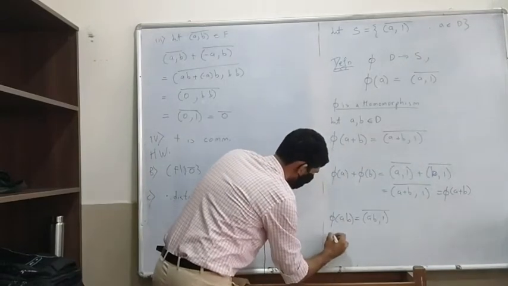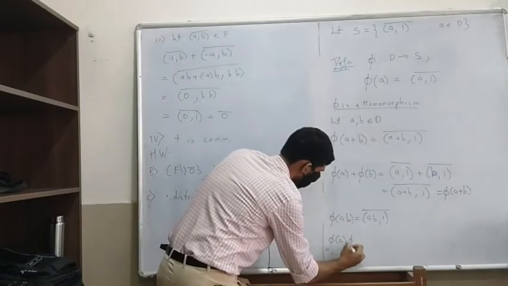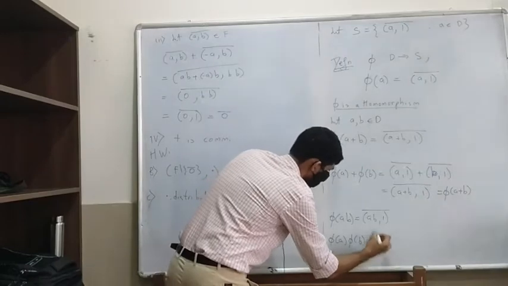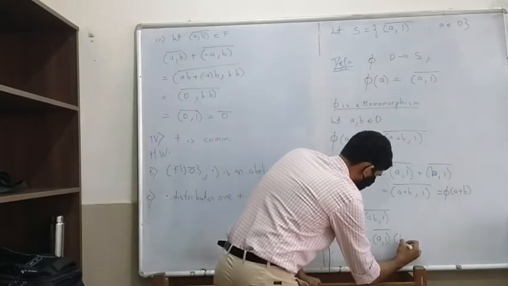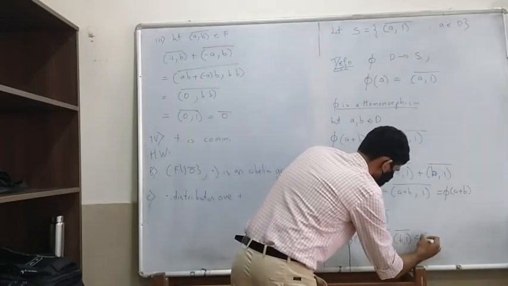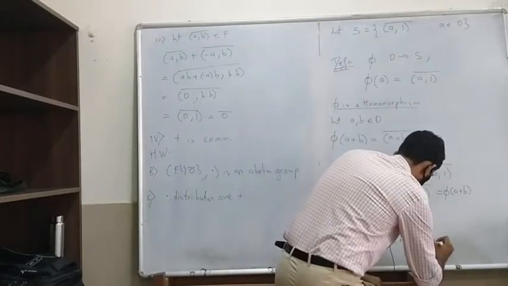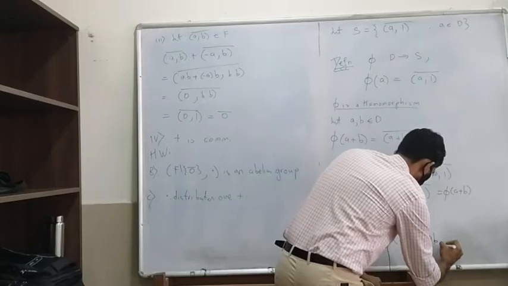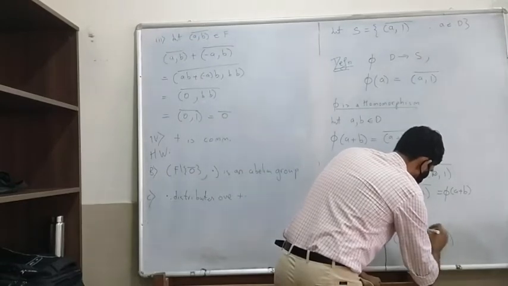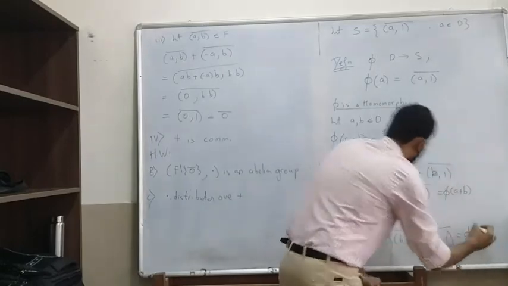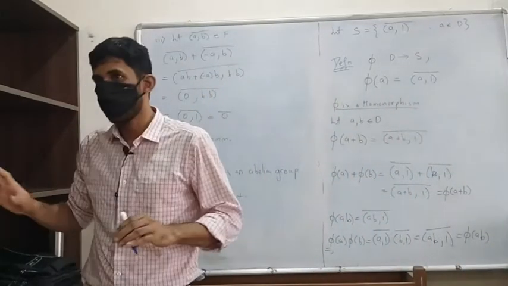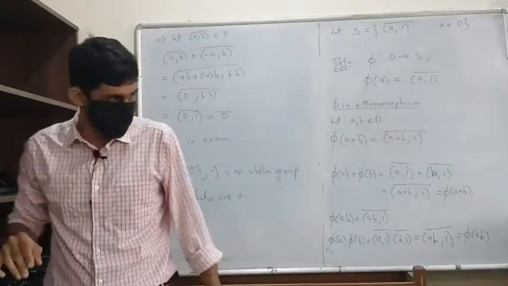Also, what is phi of A into phi of B? It is nothing but (A, 1) bar into (B, 1) bar, which is just coordinate-wise multiplication, that is (AB, 1 into 1) bar, which is the same as phi of AB. So we have proved that phi is a homomorphism.